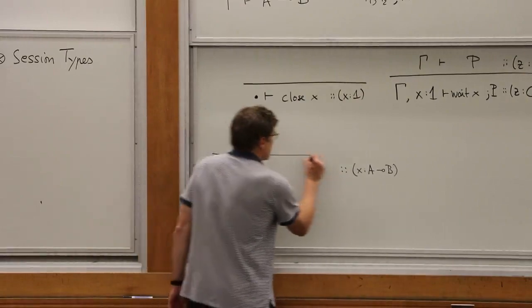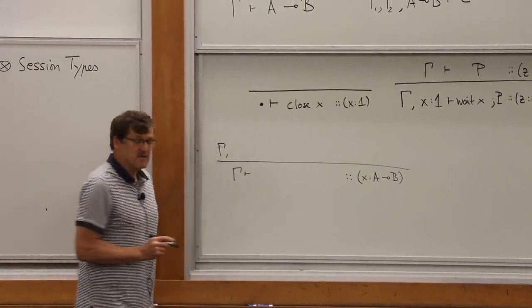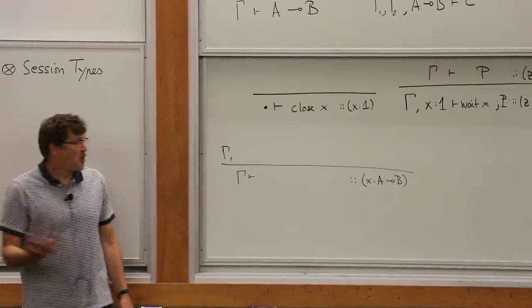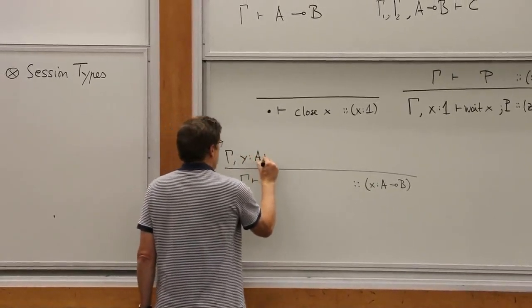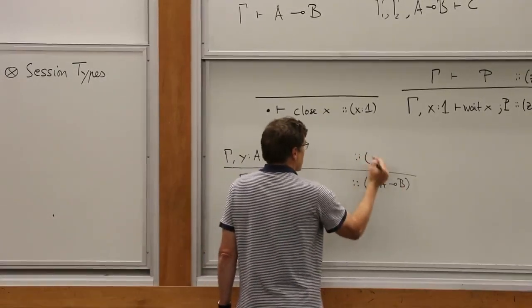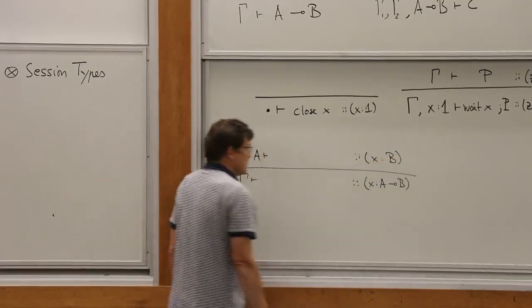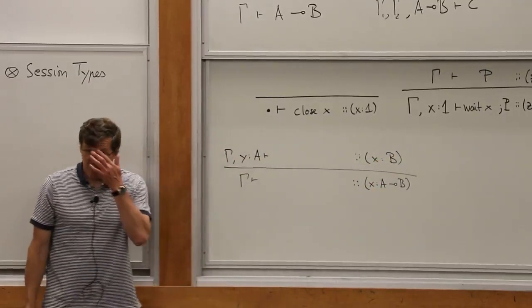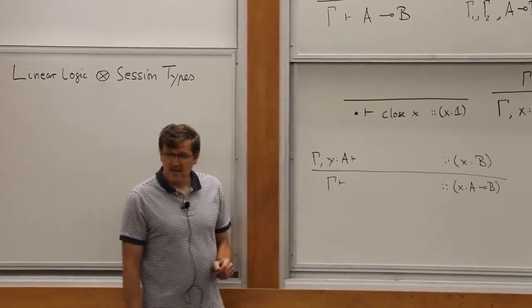And, okay, what can we say about the premise? Well, in the premise we have a new assumption. The new assumption is some Y, we don't know what name, Y colon A. And on the right-hand side, this is a communication along the channel X. So the continuation, there's only one possibility, the continuation needs to be B. So what could possibly actually be here?